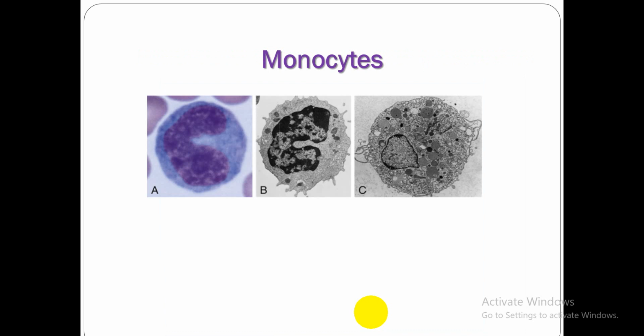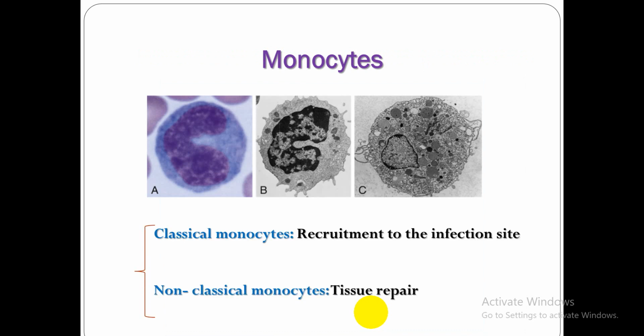Monocytes, as you know, have a bean-shaped nucleus, and we have two different types of monocytes: classical monocytes and non-classical monocytes. Classical monocytes are the monocytes that are recruited to the site of infection following the neutrophil.